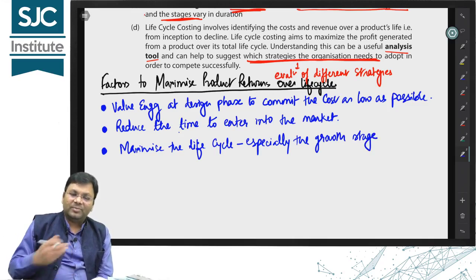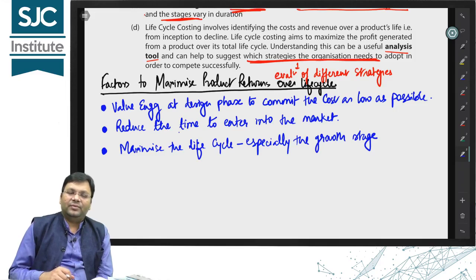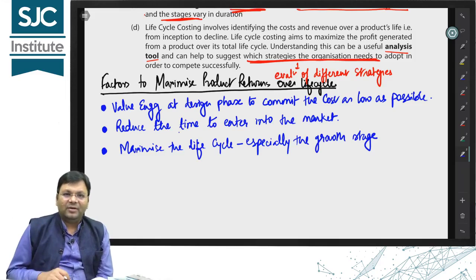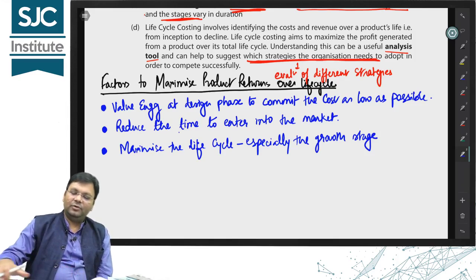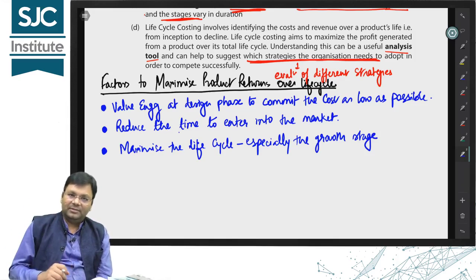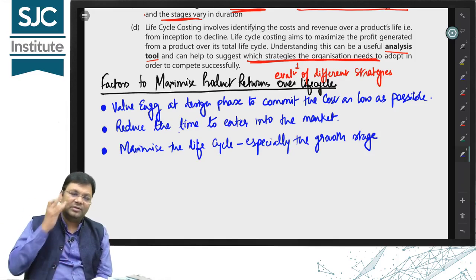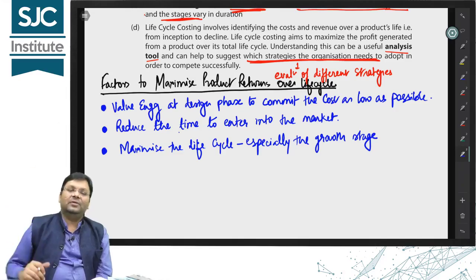Like, don't reduce price just to capture more and more market immediately. Before maturity, keep strengthening your supply chain. Okay, so that usually we do in introduction, but if you do more of the work in introduction also in growth stage, the growth stage lasts longer.